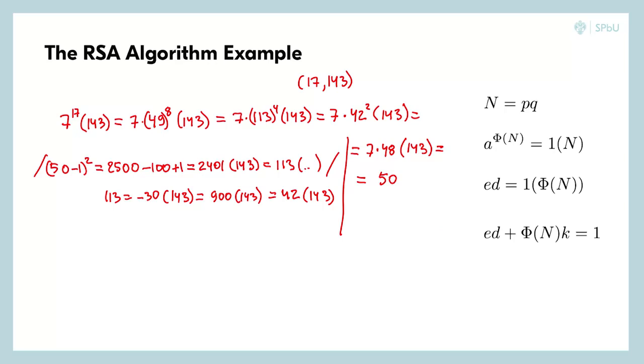So 7 in the power 17 modulo 143 is 50. And this is the message. You ask somebody how many teeth, etc., and he replies 50, and you understand that you need to decode this message.